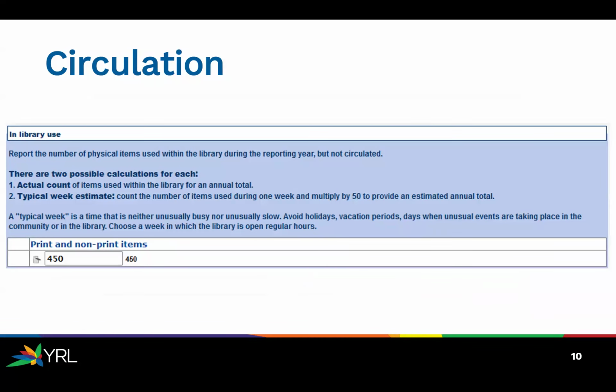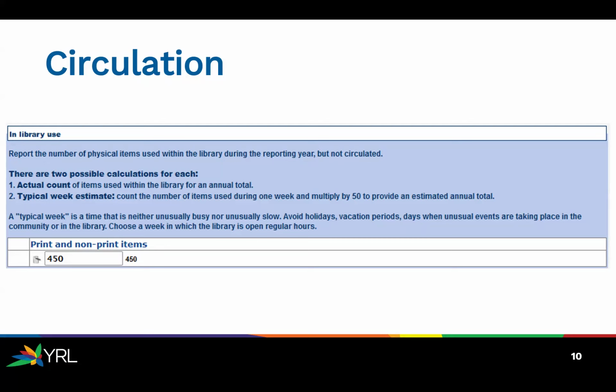Next is in-library use or in-house circulation. You can see on the screen that there are two different ways to report this information. If you use the in-house circulation in Polaris or Leap, that will show up in your annual report, and you can just put that number in. Very easy.